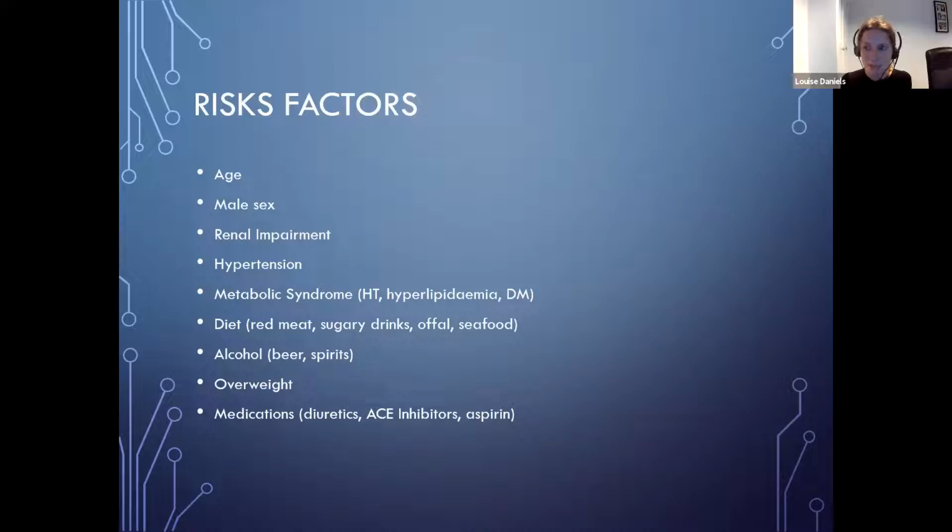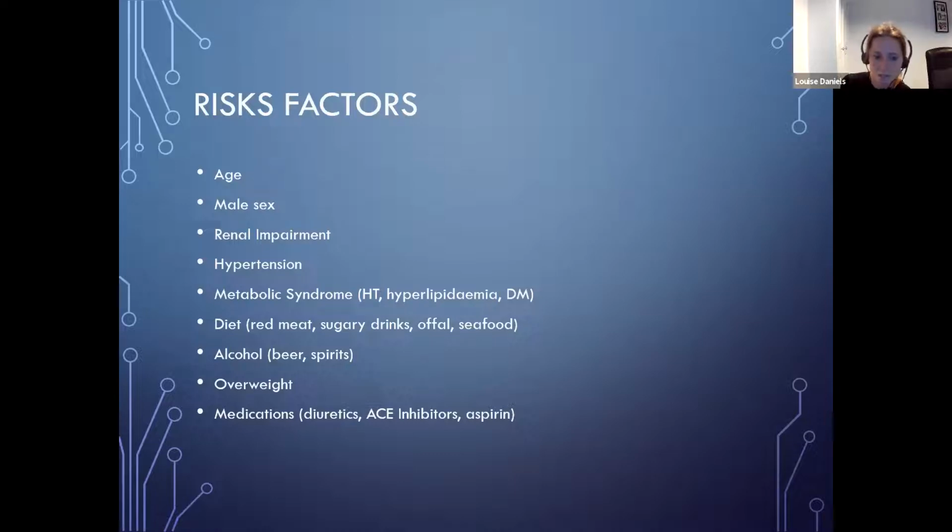There's many risk factors for gout. So age and male sex are some of the most common ones, renal impairment and high blood pressure. And in fact, any of the features of the metabolic syndrome are more common in people with gout. So diabetes, hyperlipidemia, hypertension. Diet is contributory.